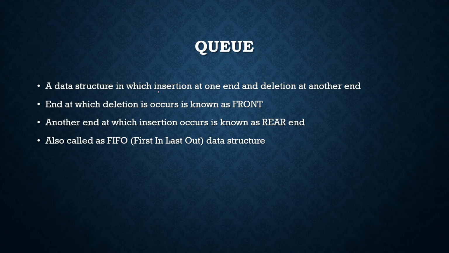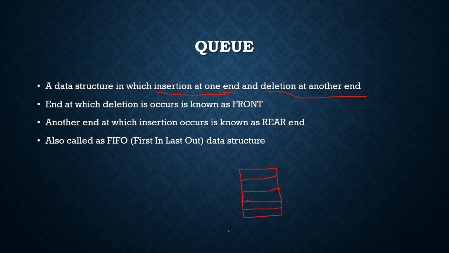A data structure in which insertion is at one end and deletion is at another end is called a queue. In a stack, we do insertion and deletion operations at the same end, but in a queue we do insertion and deletion at different ends.